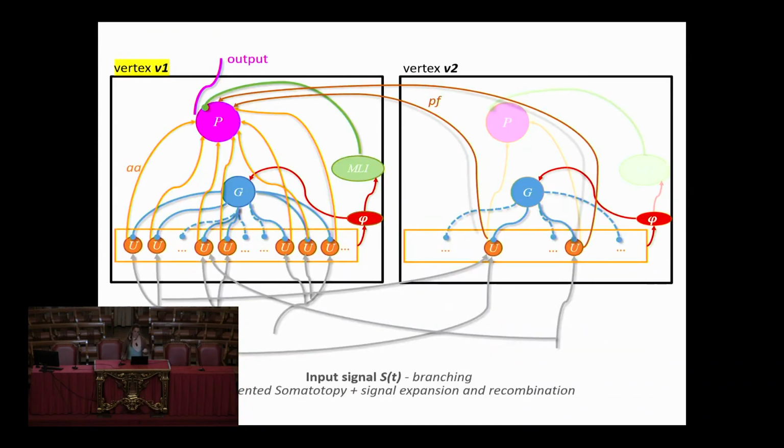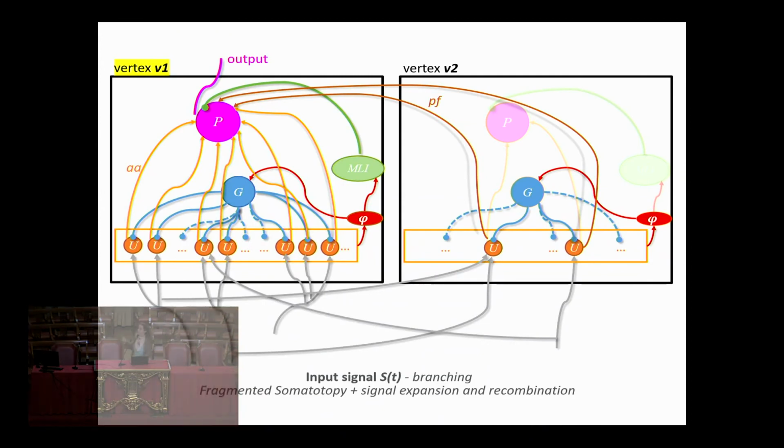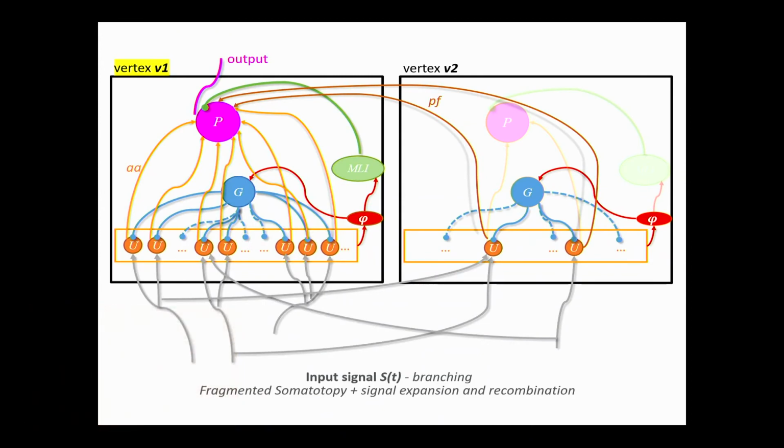Then we have the perceptron, the Purkinje cell, collecting all these inputs processed by this array, and we have a unit of molecular interneuron inhibiting this perceptron activity in order to modulate it.